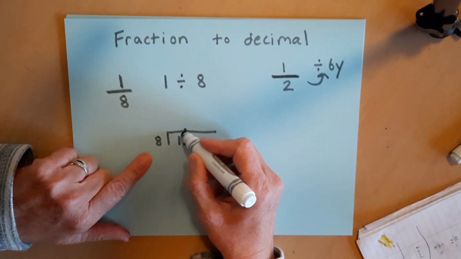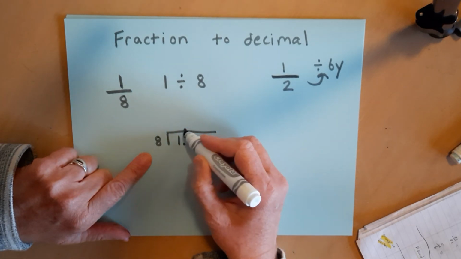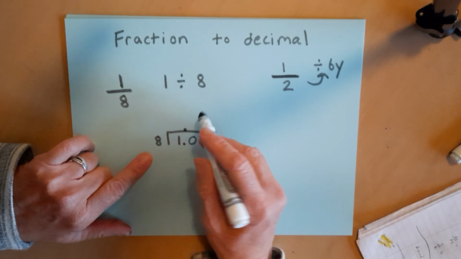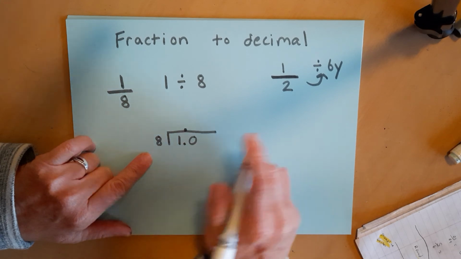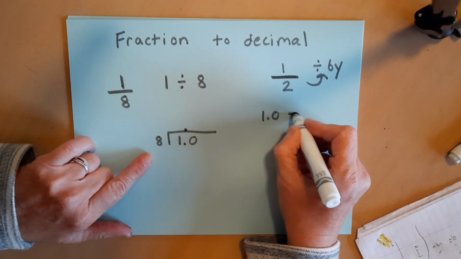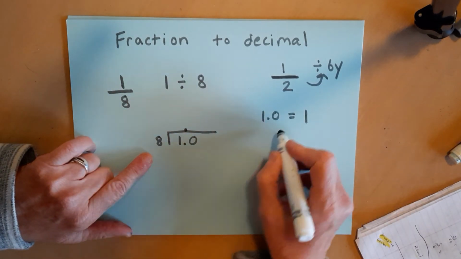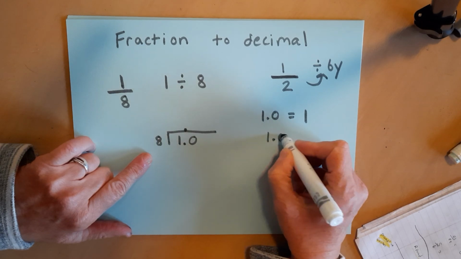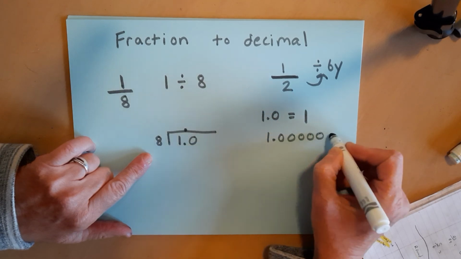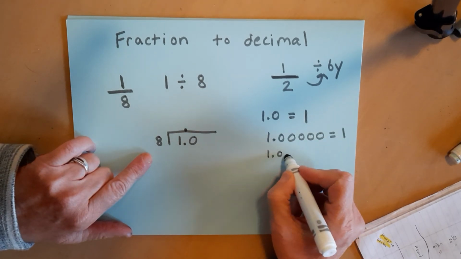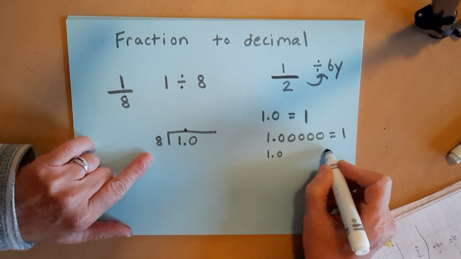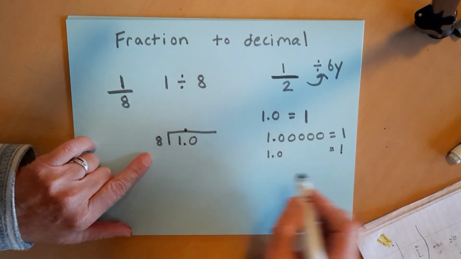So that's how we're going to keep track of that decimal point. 1.0 is the same as 1. In fact, after a decimal point, you can add as many zeros as you like, and it still equals 1. You could have 1 with a bunch of zeros that go on forever, and it would still equal 1.